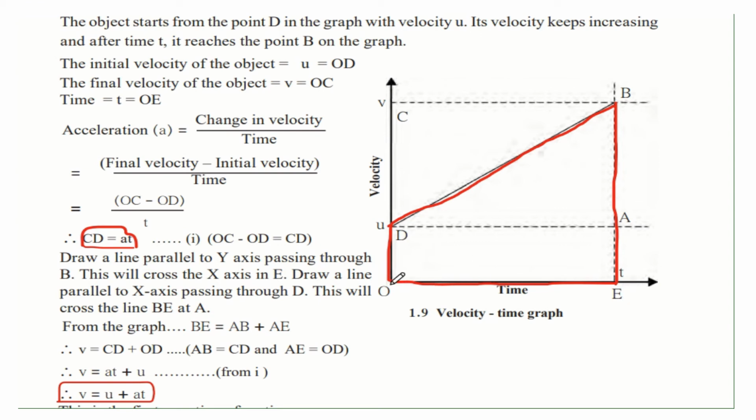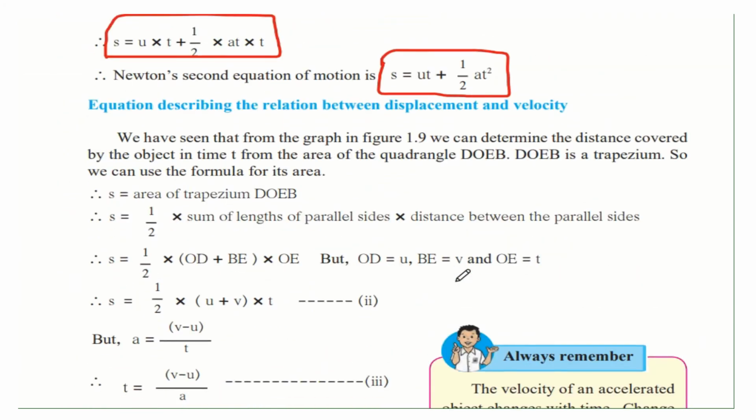Here OD would also be u, and OE would be time t. So if we substitute this, we would get half into OD plus BE into OE. When you substitute it finally, you get S is equal to half into u plus v into t.